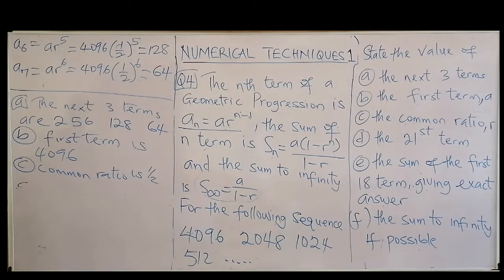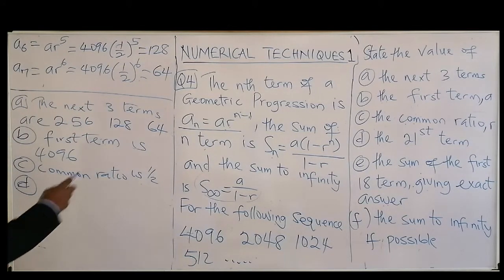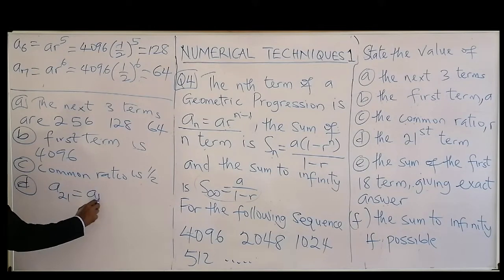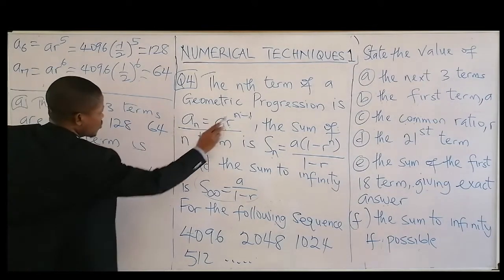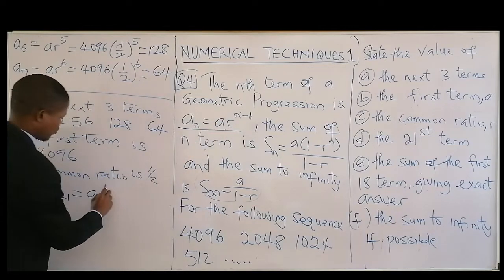Then the D part, the 21st term. Let's go back to the 21st term. So that will be equal to what? A21 equals A r to the power 21 minus 1, that's 20.